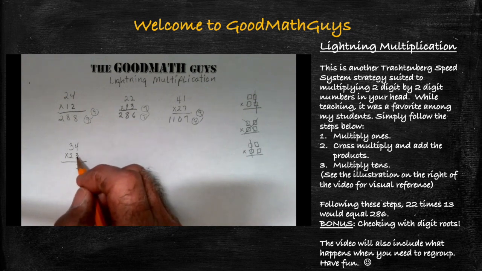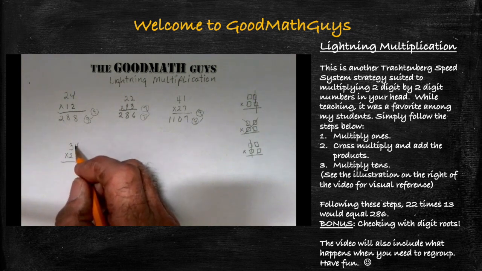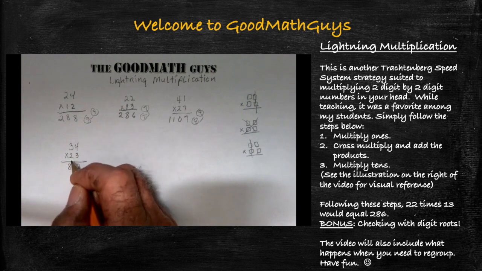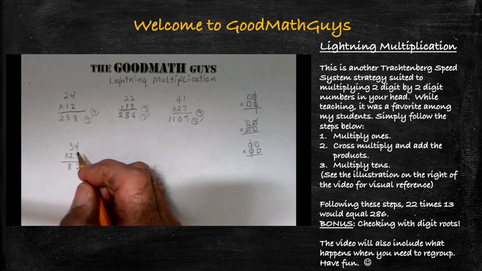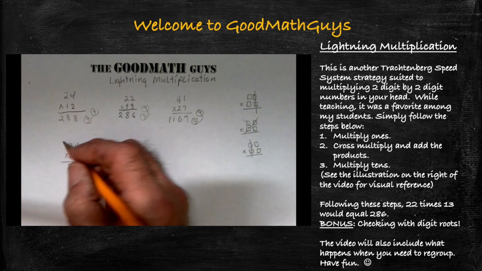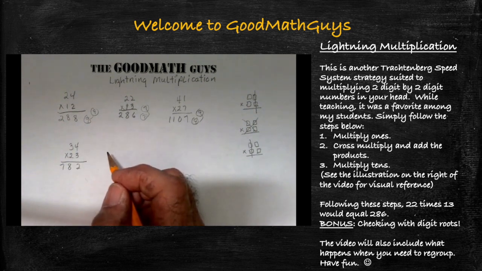Now we cross multiply and add the products. 3 times 3 is 9. 2 times 4 is 8. 9 plus 8 is 17. Plus the 1 that's in my head is 18. Record the 8. Hold 1 in our heads. Multiply tens. 2 times 3 is 6. Plus the 1 in my head is 7. We think that 34 times 23 is 782.